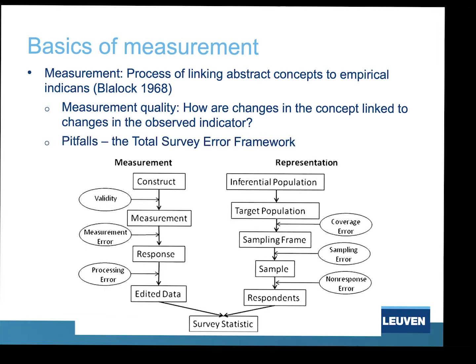And here I think it's useful to make use of the total survey error framework, and this tells you what my background is. And so Meuleman already introduced that I'm coming from the comparative survey methodology, and in survey methodology, a very influential framework to think about all kinds of things that can go wrong in surveys is the total survey error framework. And the backbone of the story here is that we want to estimate a survey statistic.